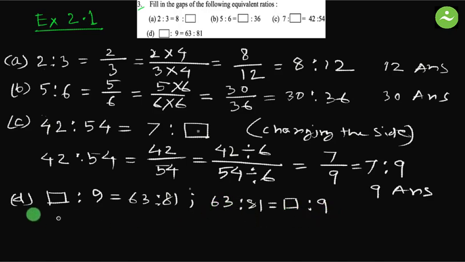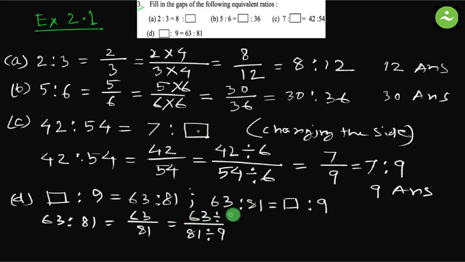Let us start from the left side. 63 is to 81 equals to 63 by 81. So second quantity has to be 9. So to make it 9, we have to divide 81 by 9. So 81 divided by 9. We have to divide 63 also by 9, so that the values doesn't change. Equals to 7 by 9 equals to 7 is to 9. So when second quantity is 9, the first quantity is 7. So the answer is 7.